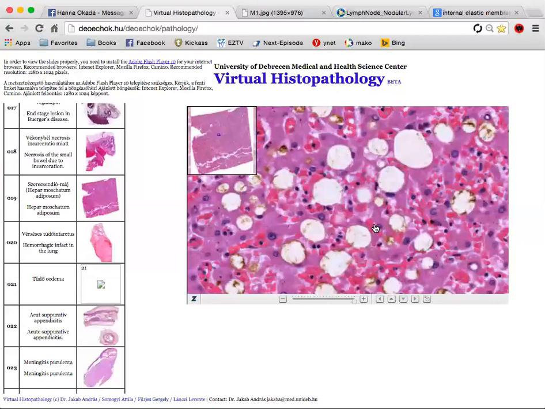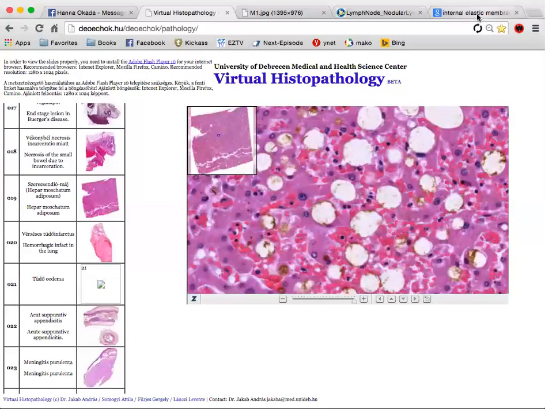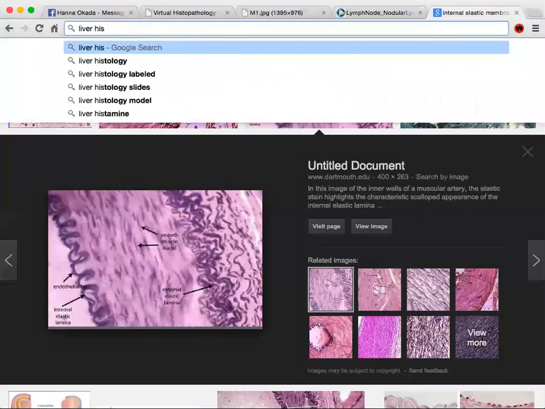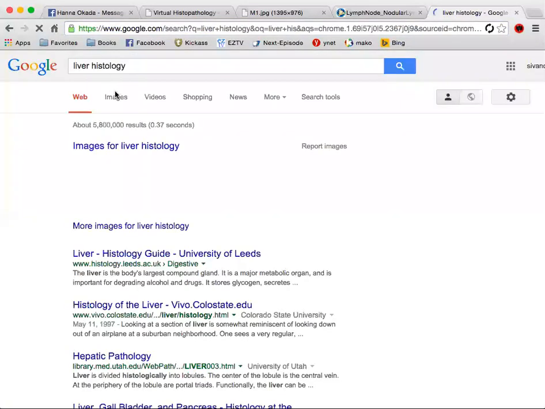So this fatty transformation happens around the triad or around the central portion of the hepatocytes. I mean, I don't really... It happens. Okay, I'm going to show you. Let's see, liver histology.